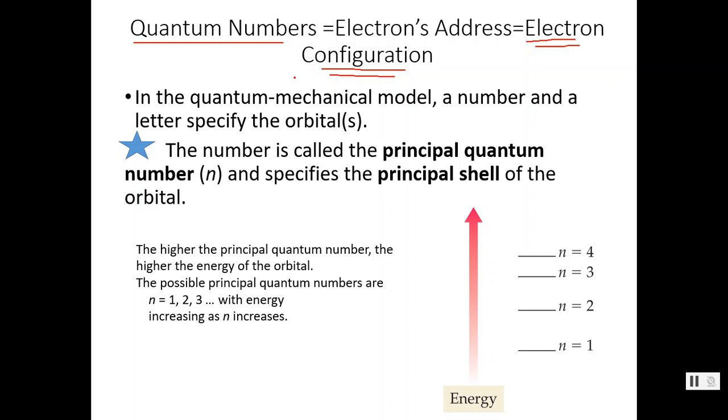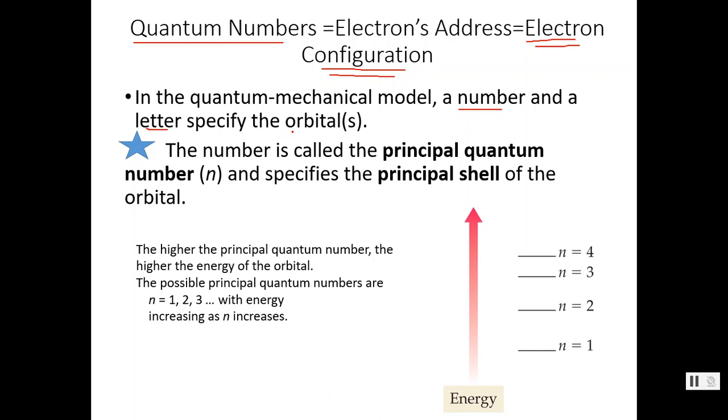Okay? So in the quantum mechanical model that we talk about in intro, there are two parts to an electron's address. Those two parts include a number and a letter, and both of those specify the orbital.